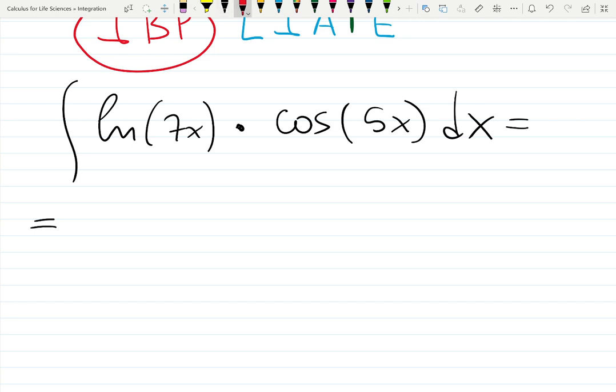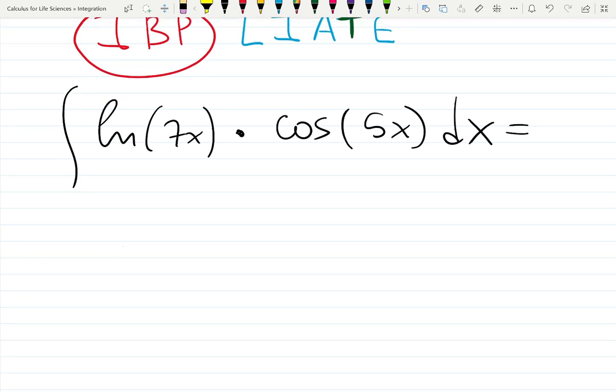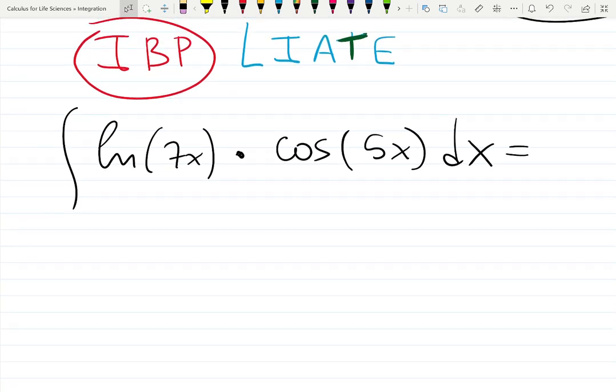U will be chosen in the order of LIATE. LIATE says, I see log, choose log to be u, and ignore things inside. That will be handled by u substitution. Let u be ln 7x.